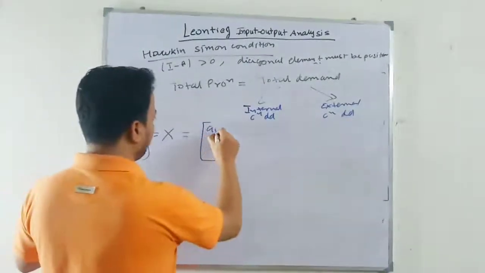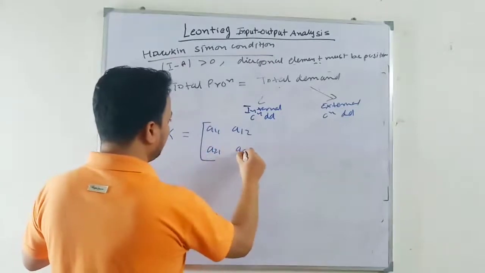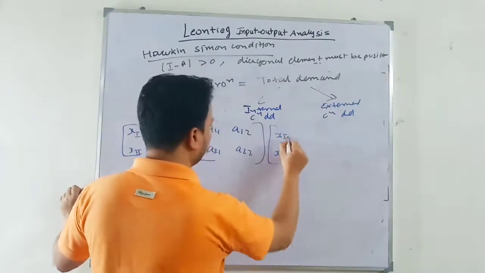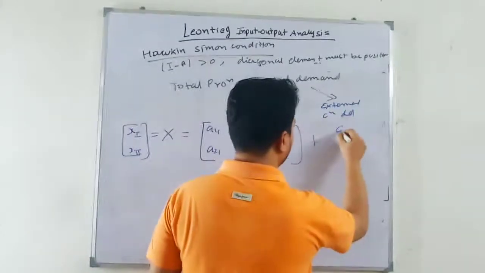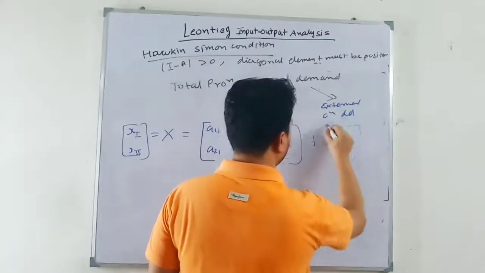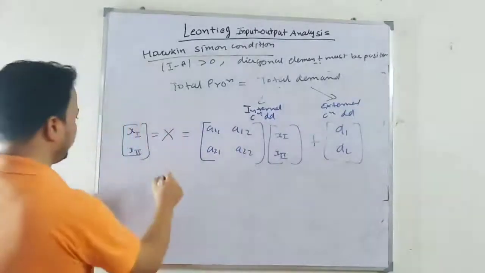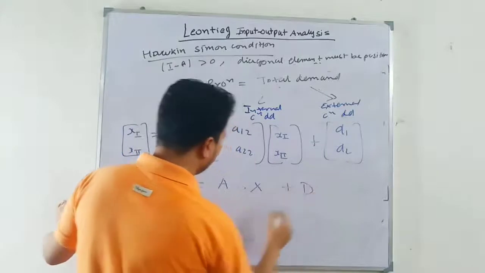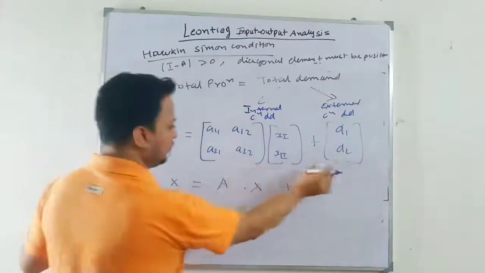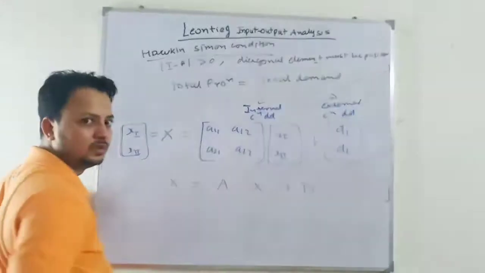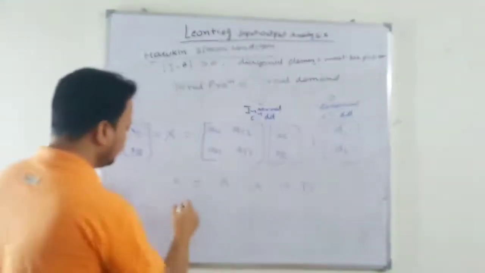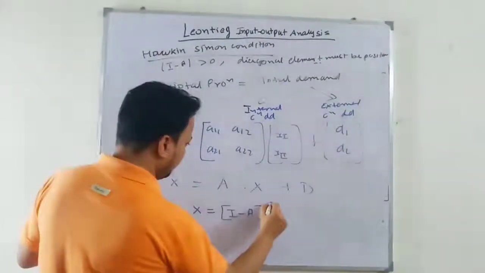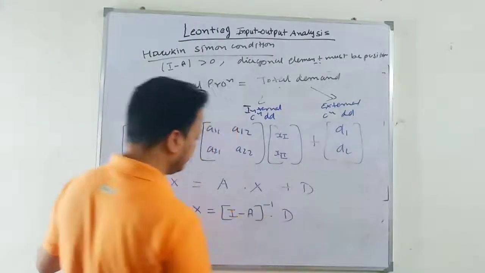So this is A11, A12, A21, A22, and this will be X1, X2, plus external demand D1, D2. This you know. This is your X equal A matrix into X plus D. So after looking at their order and applying the matrix rule, we are able to get X equal I minus A inverse into D.